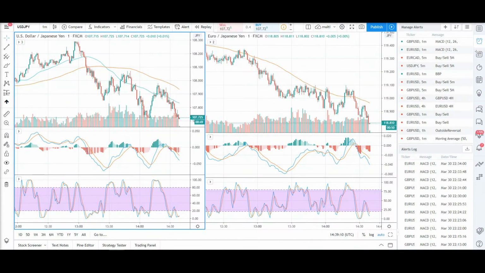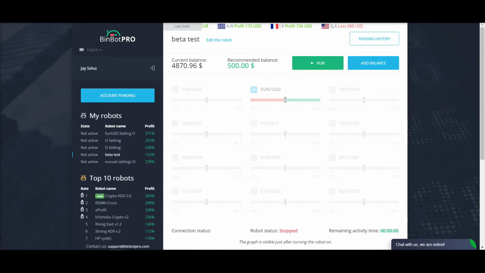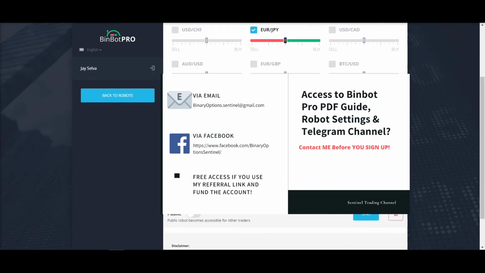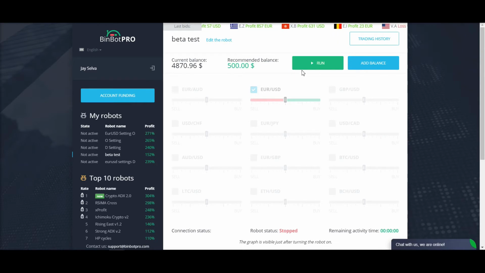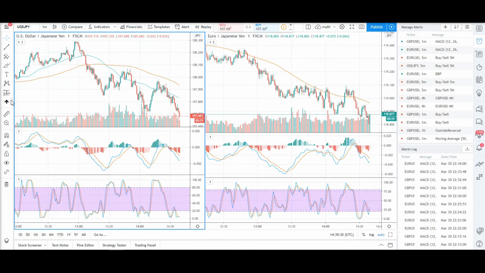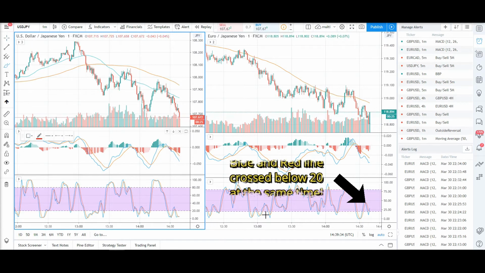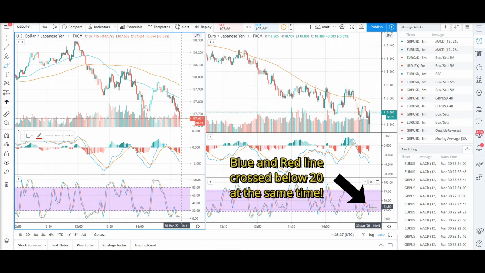Okay, so let's start with the first trade. I'm looking at the Euro Japanese Yen, so I'm going to change the pair to Euro Japanese Yen first, because I'm standing by to turn on the robot. In fact, I'm going to turn it on right now. The reason is that the stochastic RSI lines, blue and red, just crossed, and the MACD is below 0.